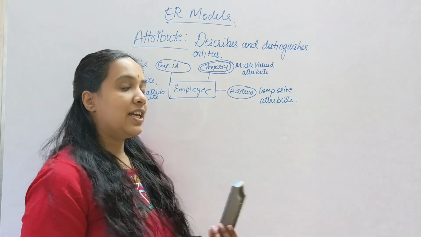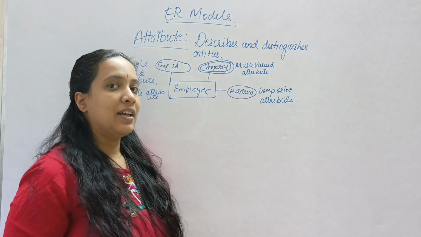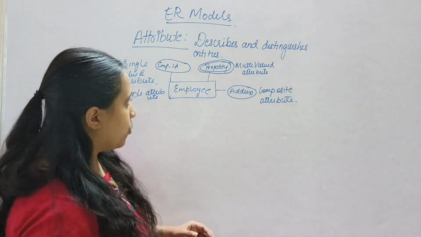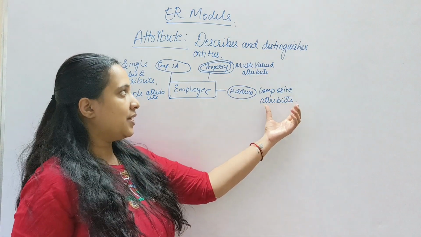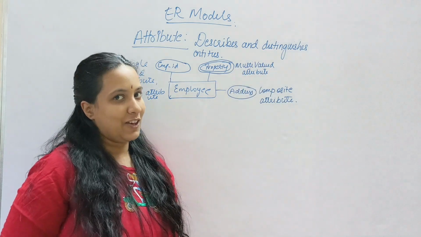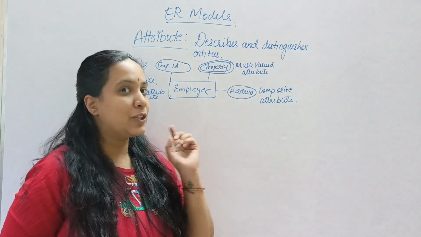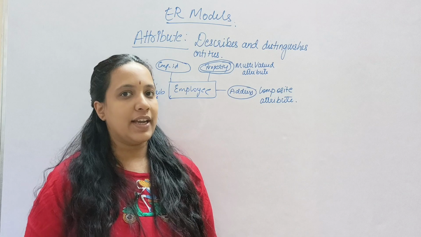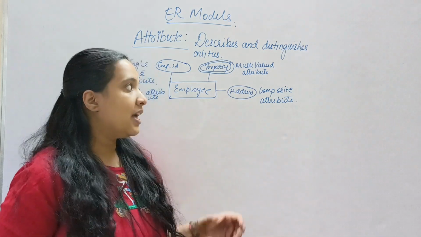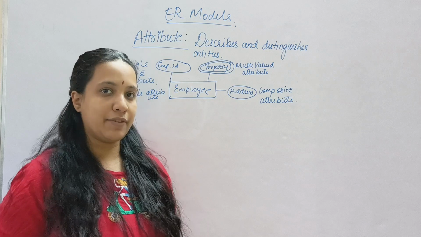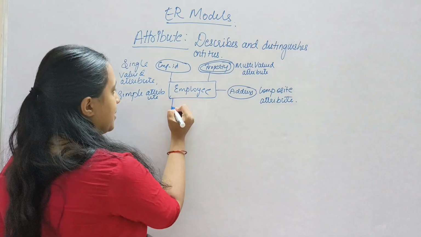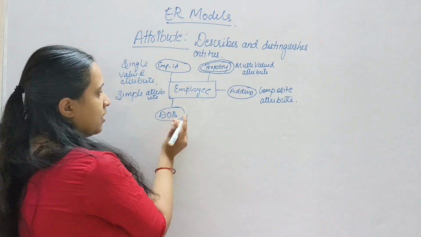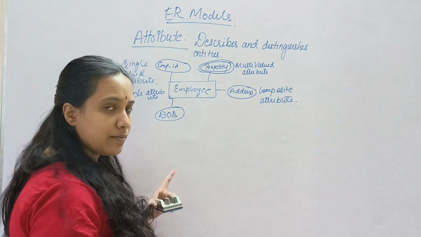Now the next type of attributes are the attributes which are both composite and multivalued. If the attribute is both composite and multivalued, then such attributes are called complex attributes. The last type of attribute is the derived attribute. For example, let me consider date of birth as one of the attributes.